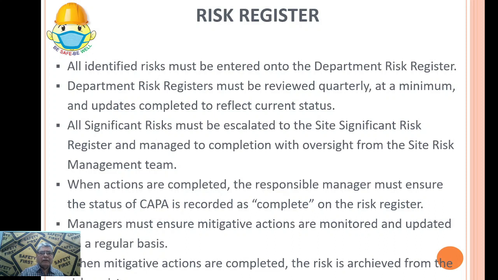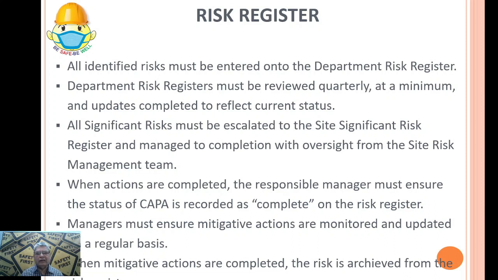And then this departmental risk register is escalated to the higher management. All significant risks must be escalated to site significant risk register. So a site register is different, departmental register is different. So site register is the concern for the higher management, departmental register is a concern for the departmental heads.